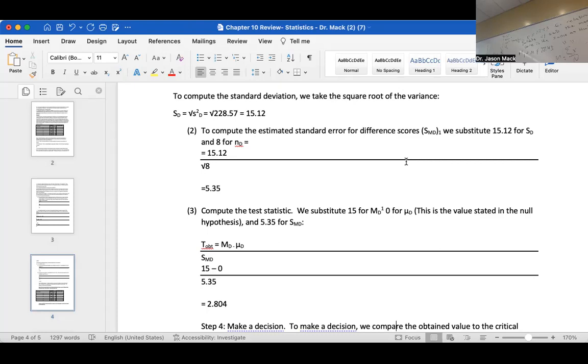Then you square root 256.70 to get your standard deviation, and I got 16.02. And then you get the variance of that, and that's 5.66. And then the bottom, you divide it by 5.66, and I got 2.650.